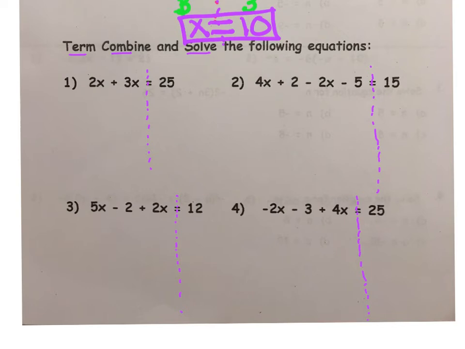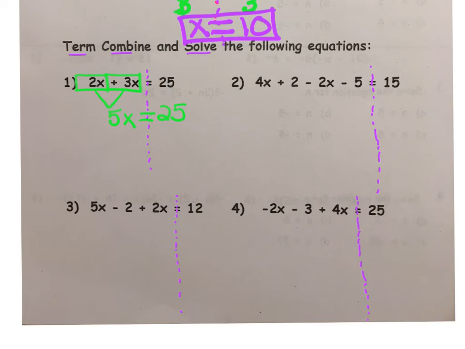2x plus 3x equals 25. We have a gain of 2x's and a gain of 3x's. And it equals 25. Bring together your x terms, and we get 5x equals 25.